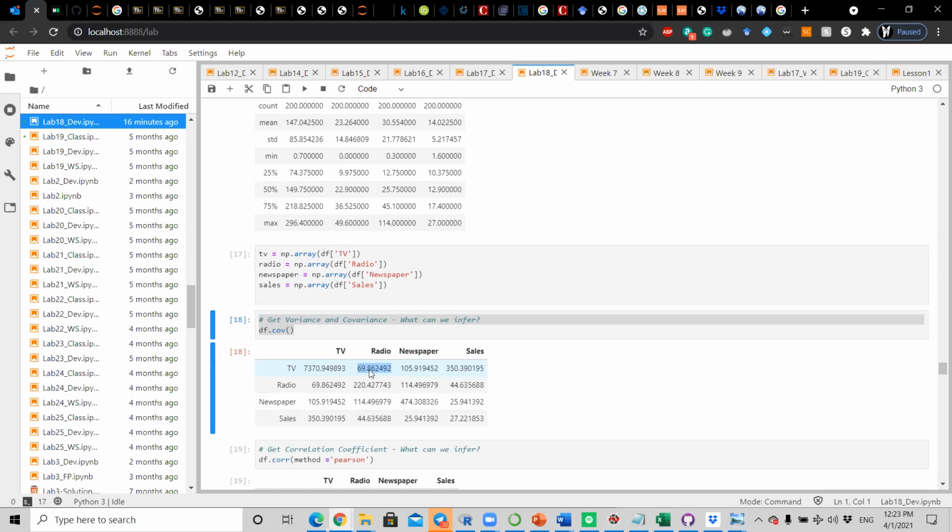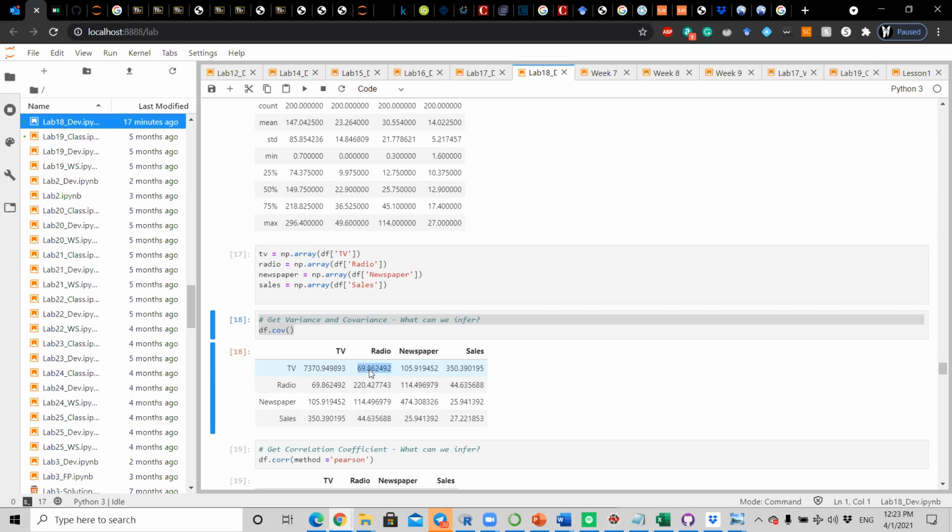And as Harper said, when you have a positive number for covariance, that means that you have a positive relationship. So do you see any negative numbers in this table? So that basically means that all of your variables have some degree of a positive relationship with each other.